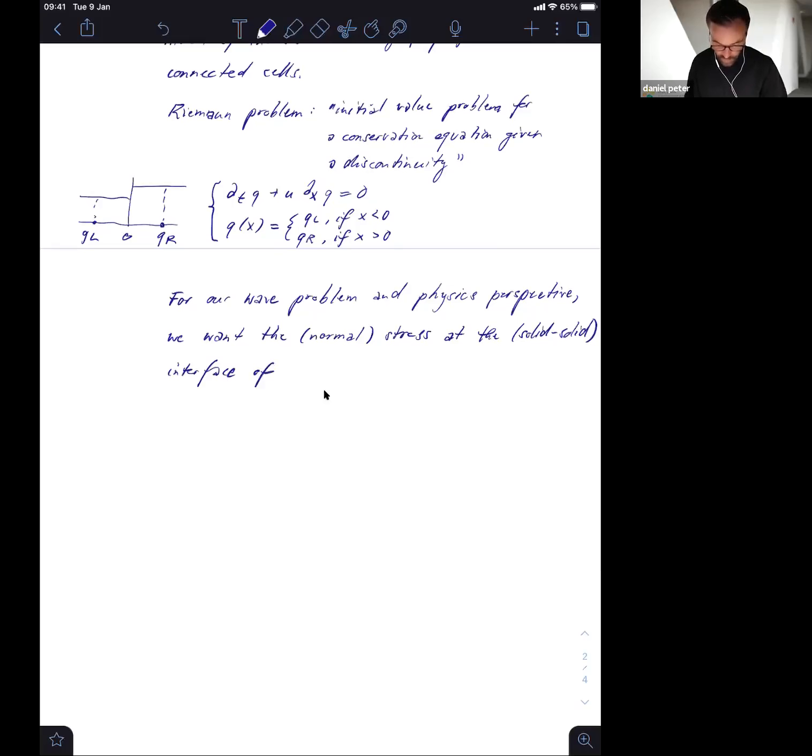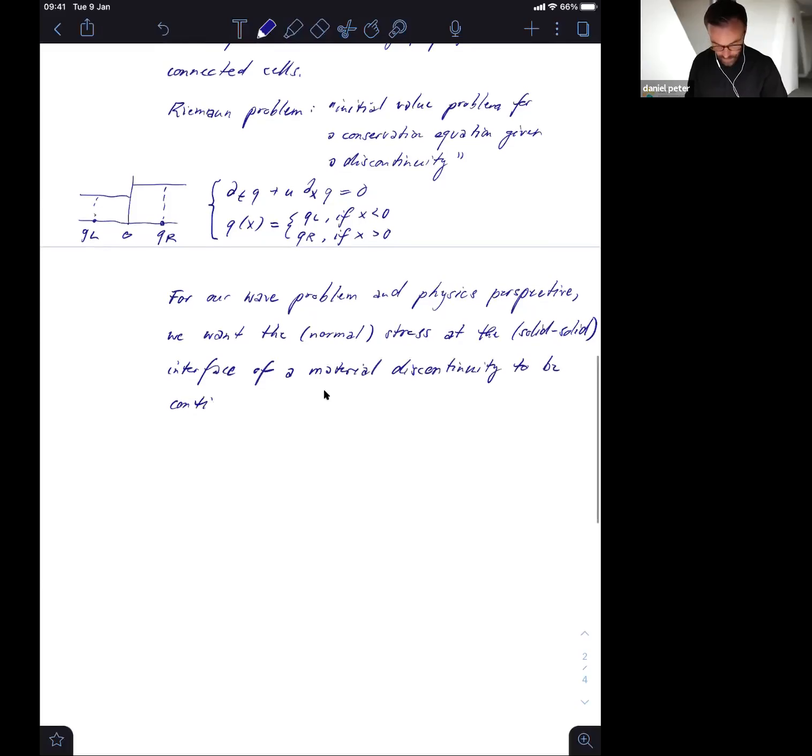So we want the normal stress at the solid interface of a material discontinuity to be continuous. So we basically want to impose that the stress, at least the normal component, in 1D is then just the stress that we compute, is continuous across the interface.